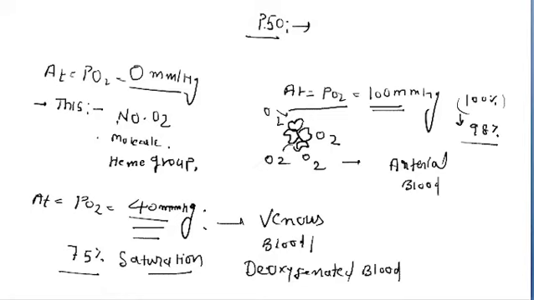This is the value at which 50% of oxygen molecules get saturated with the hemoglobin molecule. At this point, the pressure of oxygen will be approximately 28 mm Hg in a normal, or you can say healthy, individual.